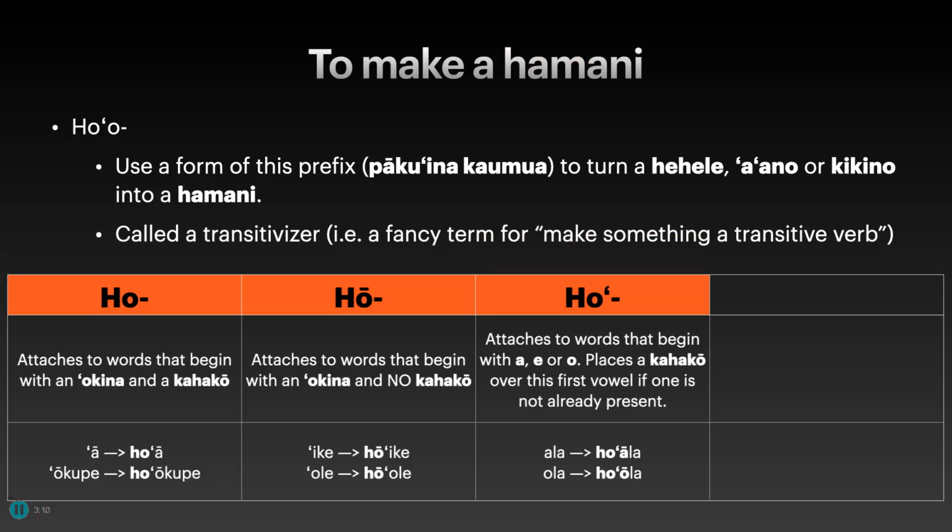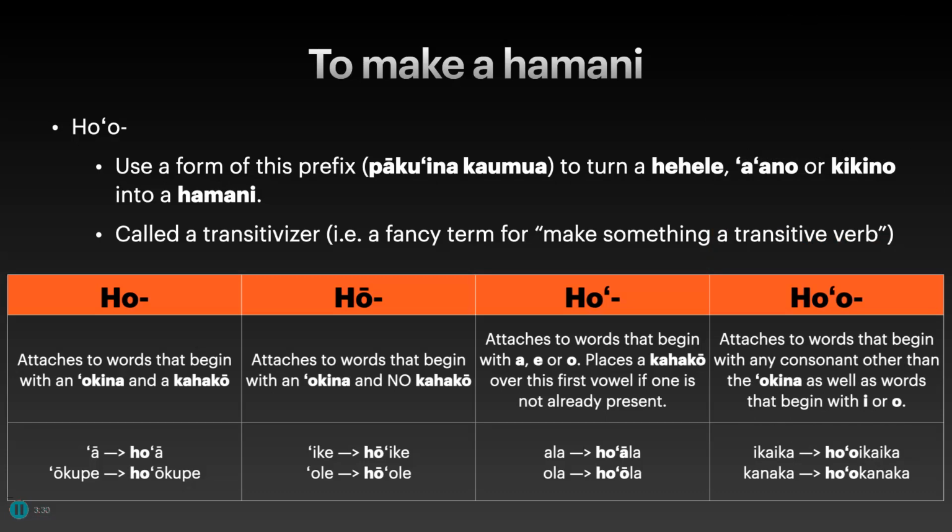We have ho, which is the hoʻ with an ʻokina and then a kahakō if need be, and this is the prefix we use for words that begin with a, e, or o. Again, if there's a kahakō over the first vowel, then we don't need to put one, but if not, we have to put one. And then we have hoʻo, which attaches to words that begin with any other consonant other than an ʻokina, as well as words that begin with e or o.